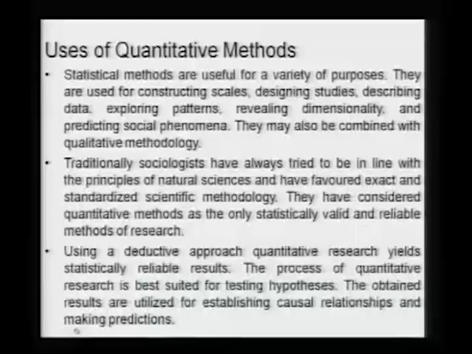You describe data through techniques like mean, variance, skewness, kurtosis, other higher order moments or cumulants, and for revealing dimensionality of data and predicting social phenomena. You cannot predict social phenomena, especially quantities, without applying quantitative methods. If you want to know what the population of India will be in 2050, how can you answer this using only qualitative methods?